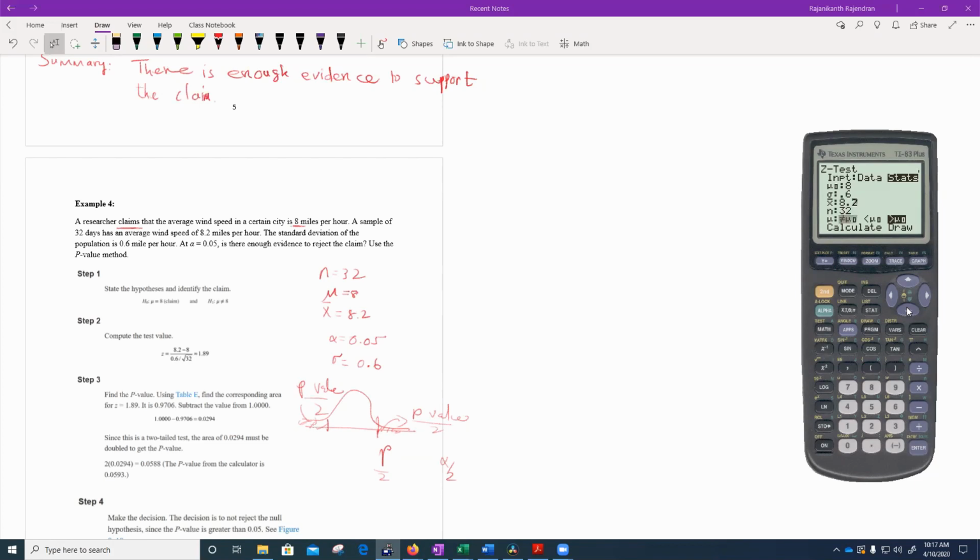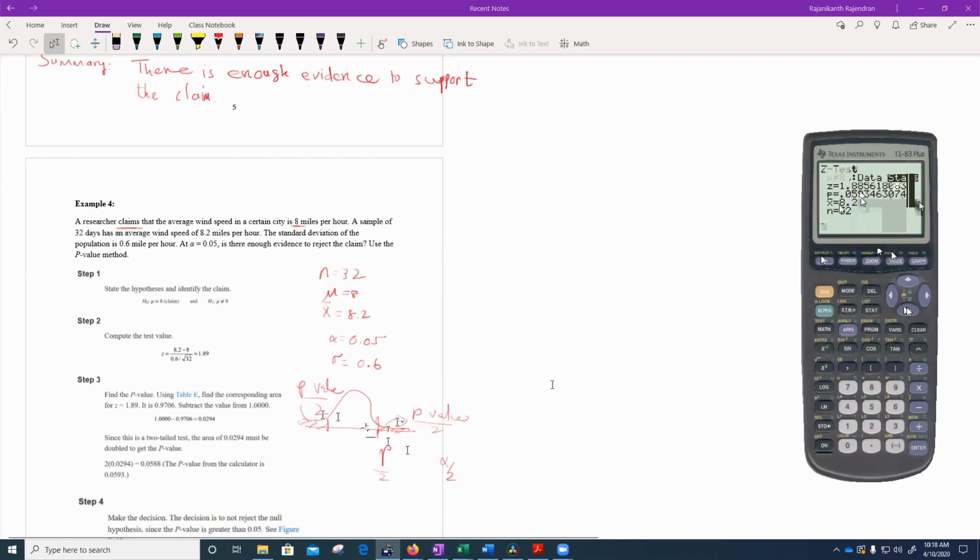Okay, now I need that two-tail test, right? So you have to choose the first one, then calculate. Remember, this is just the p-value, right? But you need to compare p over 2 because of two sides.